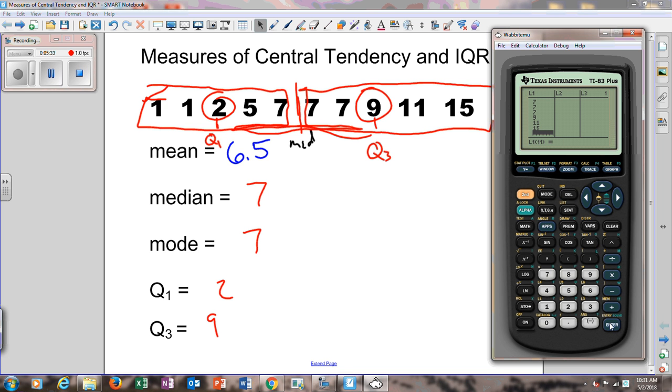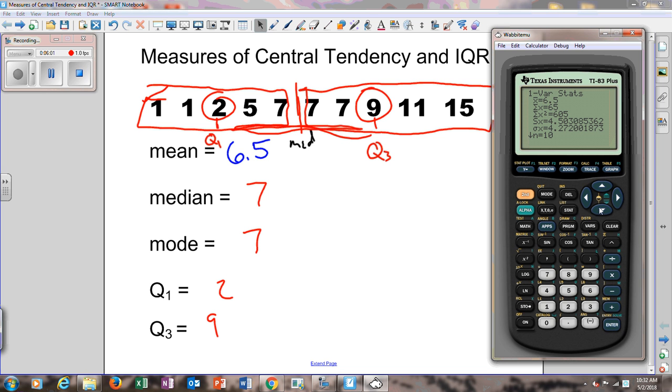All right. So now that we have all that data entered in, you push stat again and push the over button to calc. And you see this one var stats that's highlighted, so you just push enter and push enter again. X bar, or your first number, is the mean, 6.5.